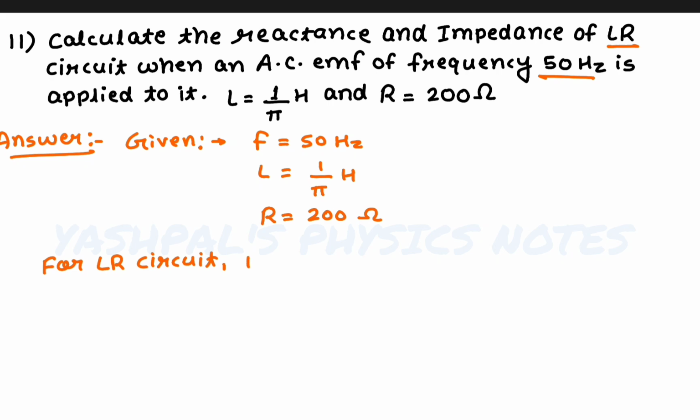So for LR circuit, inductive reactance, its formula is given as X_L equals omega L. So what can we write for omega? We can write omega as 2 pi f, as we have seen in previous questions also, and the value of L as it is.